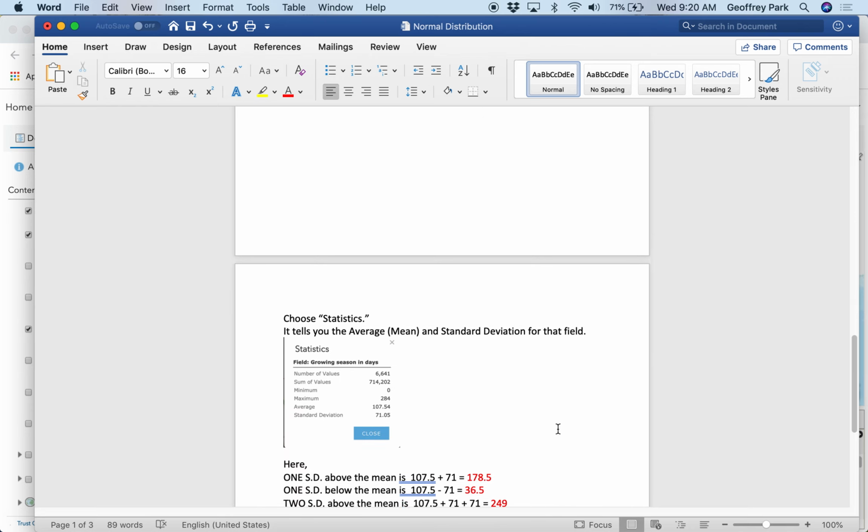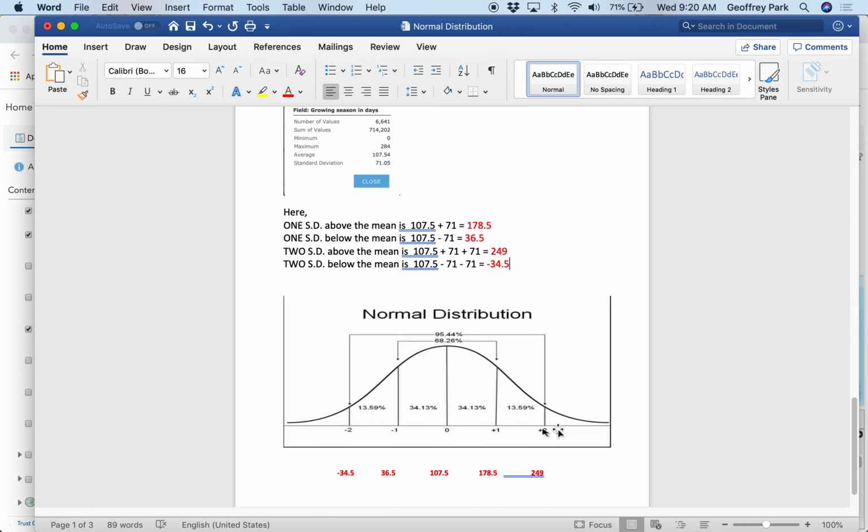It means that if you look at a standard deviation of growing season length in Canada, I've done the calculations here. The mean or the average is 107.5, plus one standard deviation, which is 71, for a total of 178.5. So you can see on this graph I've put 107.5 as the mean, and one standard deviation above that was 178.5.